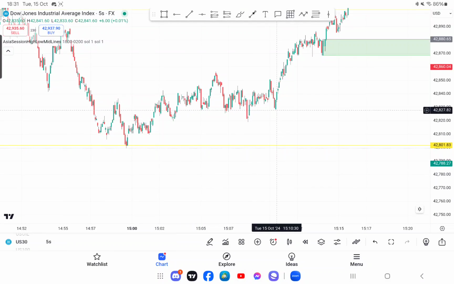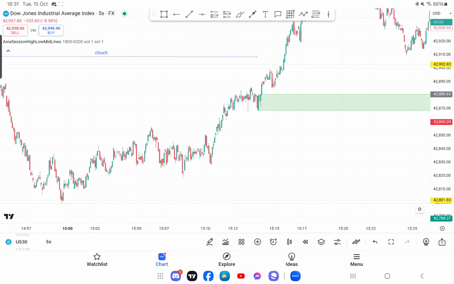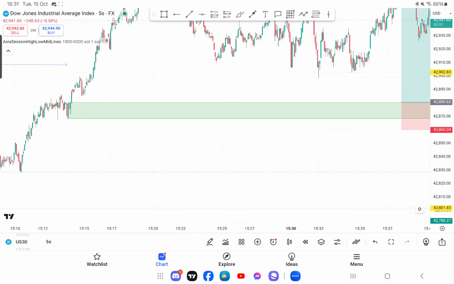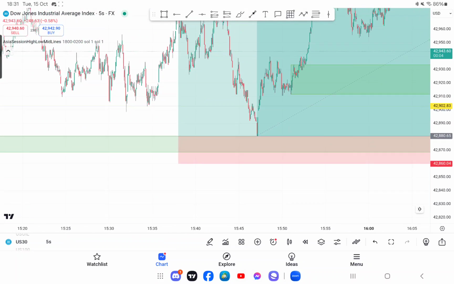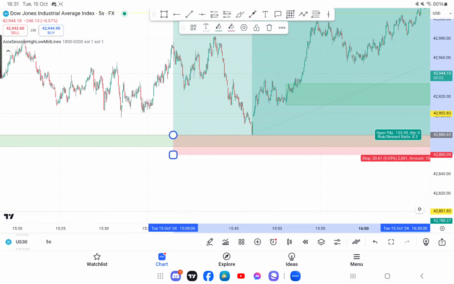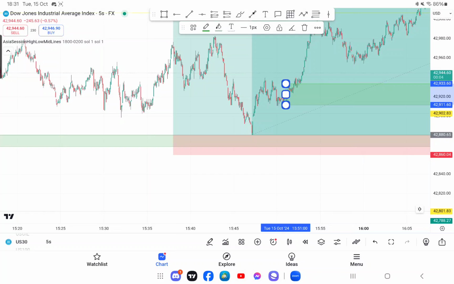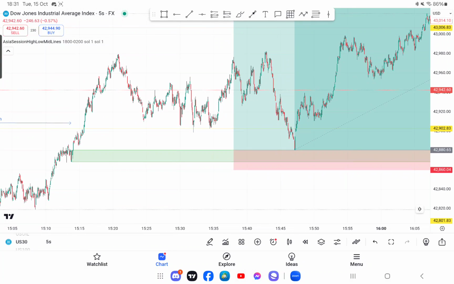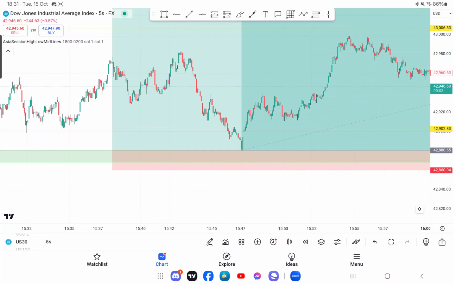Maybe this, but it's pretty much covered by this. And then once we get up here, this here, good little bit of imbalance in here. And then obviously, as you see, it tags it absolutely perfect. I've only marked that because I see other people were looking to get in from there. Not anything that I took. I didn't like it in there.